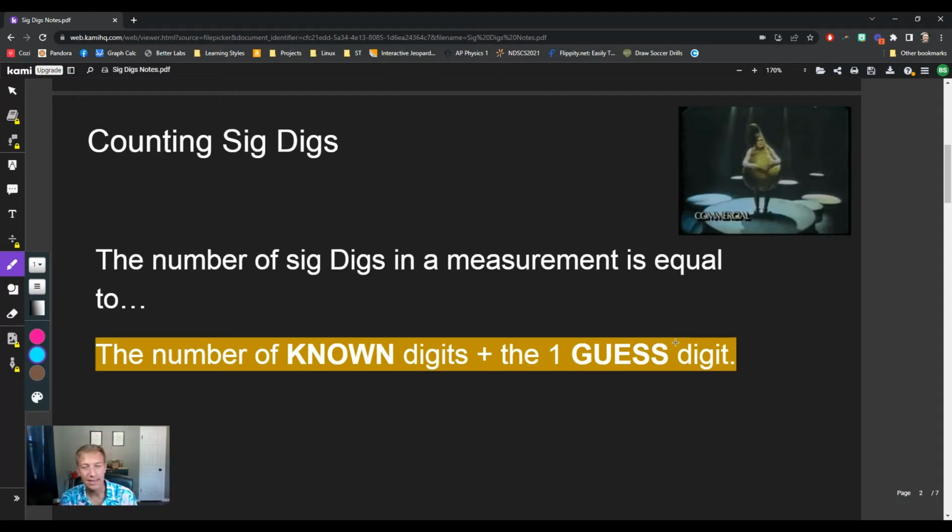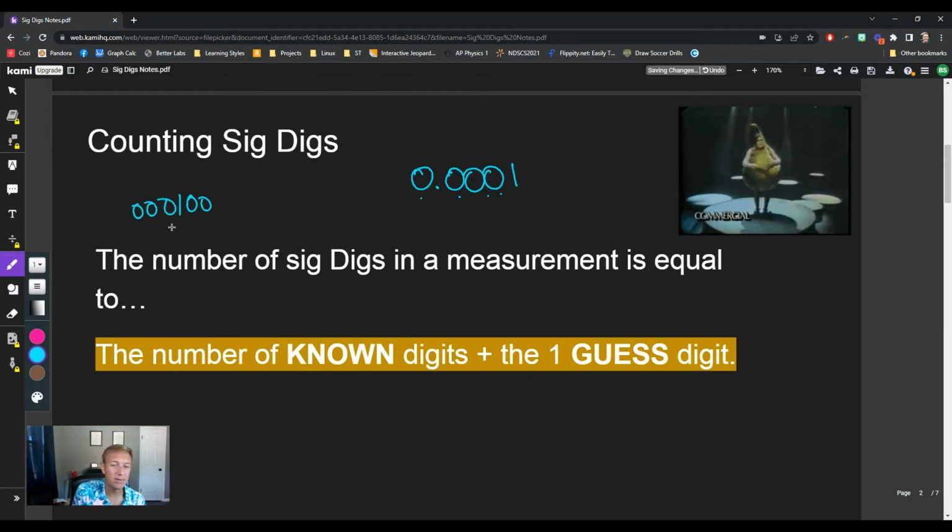Now, where things get tricky with this is sometimes people want to say, well, I know for sure these zeros, those are known measurements. Well, not exactly. They're not really things that we know. It just depends on the scale that we're measuring with. It's kind of weird to say, but it's just like saying, without that decimal there, right? It's just like saying, if I wrote the number 100, I wouldn't put all of these zeros here.